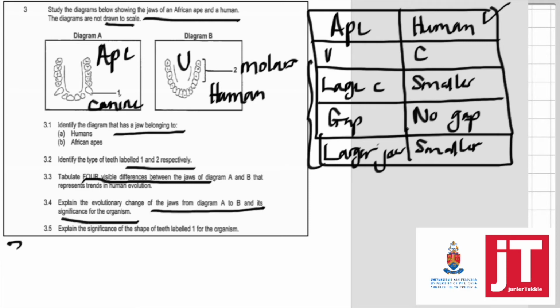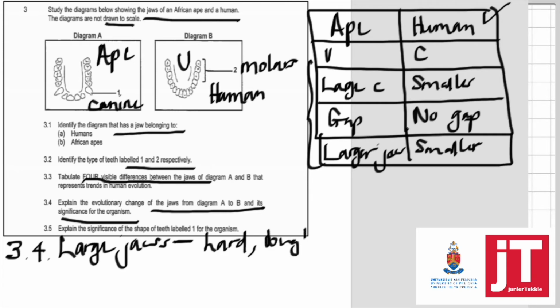Right. Now, the next question. Explain the evolutionary change of the jaws from diagram A to B and its significance for the organism. Now, the jaws went from larger jaws to smaller jaws. And the reason for that is the organism, the ape, needed larger jaws to eat their tough fibrous roots and hard seeds.